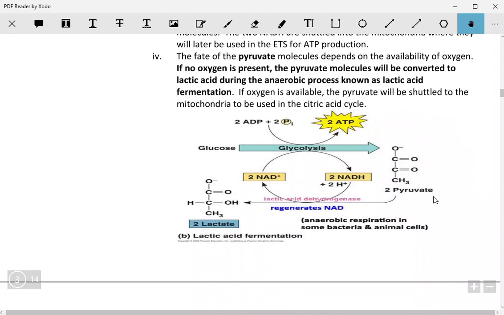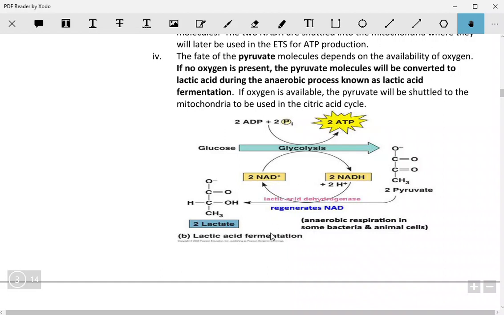Whenever the need for oxygen is very high, especially when you're doing a strenuous exercise, your skeletal muscle cells can take the pyruvate molecules being generated and convert them to lactic acid. And of course, it is that lactic acid buildup in our skeletal muscles that will cause the soreness the following day or the fatigue within our skeletal muscle fibers. Okay, so keep that in mind.